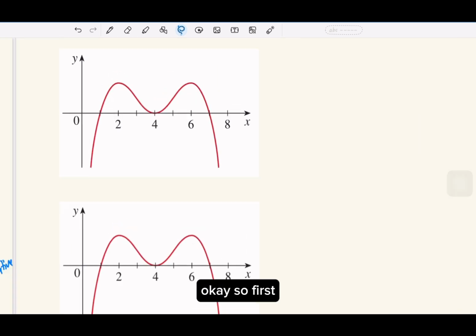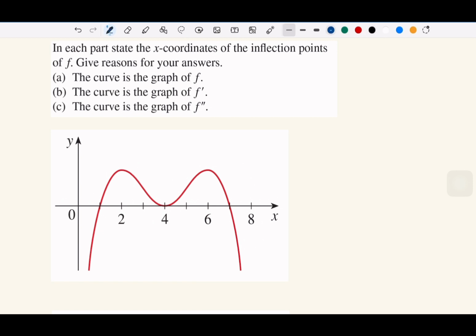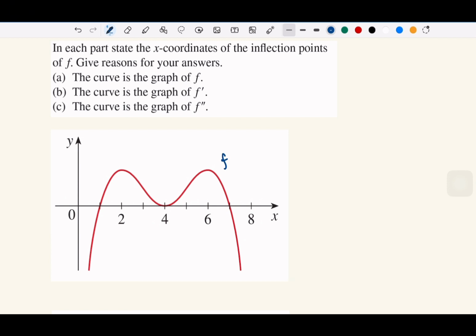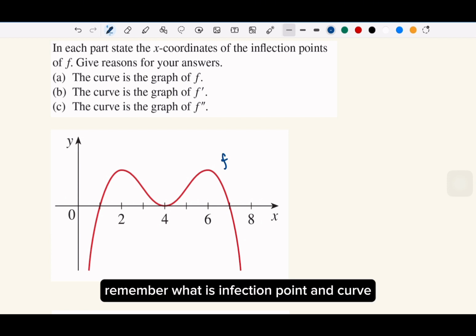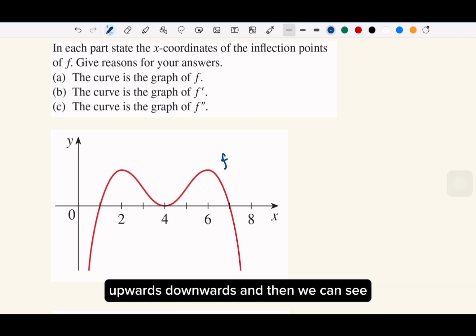Okay, so first, if this is f, which one is our inflection point? Remember, what is an inflection point in a curve? We just play it out with our hand. So we see that this is concave downwards, upwards, downwards.